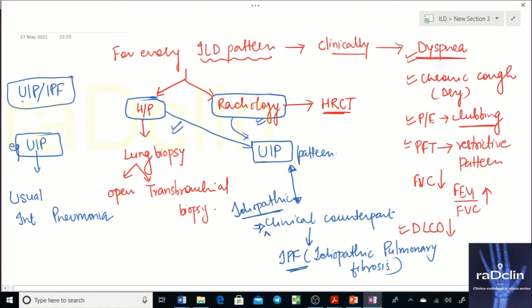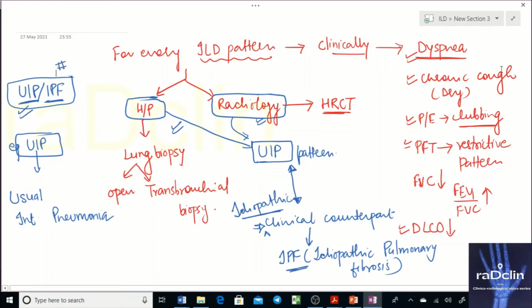This suggests that it is UIP on histopath and radiology. If I look at HRCT or a biopsy image, I'll call it a UIP pattern. Clinically, when the patient has these clinical signs and symptoms or investigation findings, we'll call the patient suspected IPF, once we have ruled out all those causes.